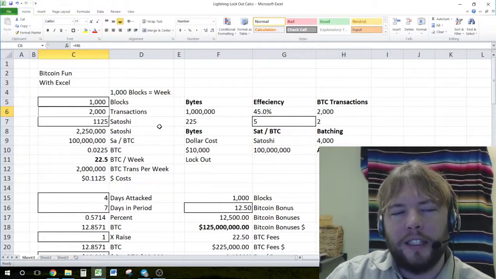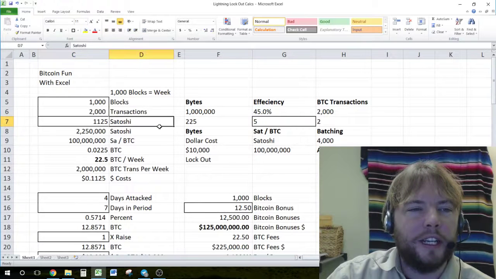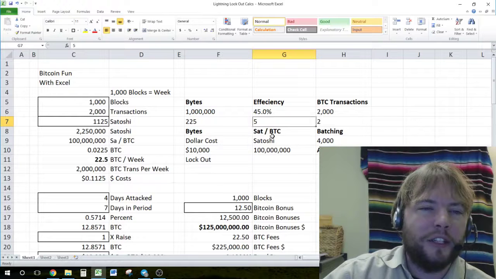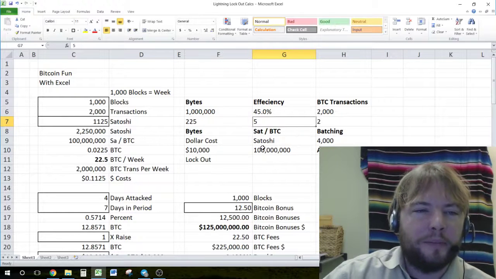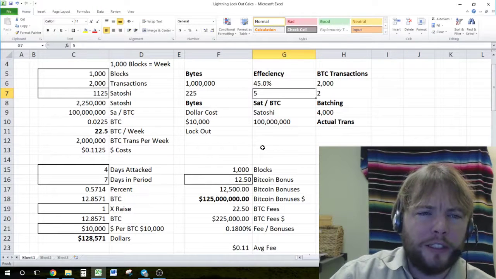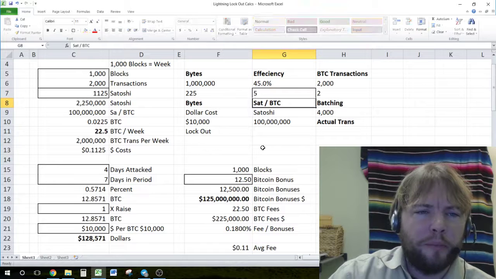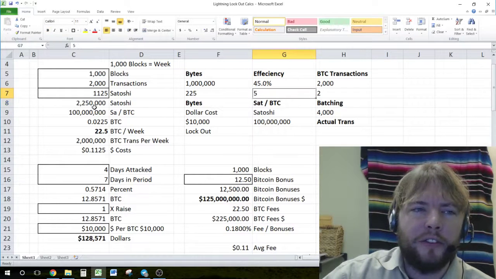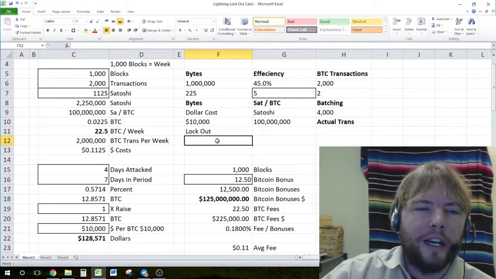It's a little higher than that sometimes, but let's just pretend that's accurate. In terms of your average satoshis per byte, right now it's closer to one or two. But for these calculations, we're going to say it's 5 satoshis per byte to give us some wiggle room, since the minimum is 1, I think.